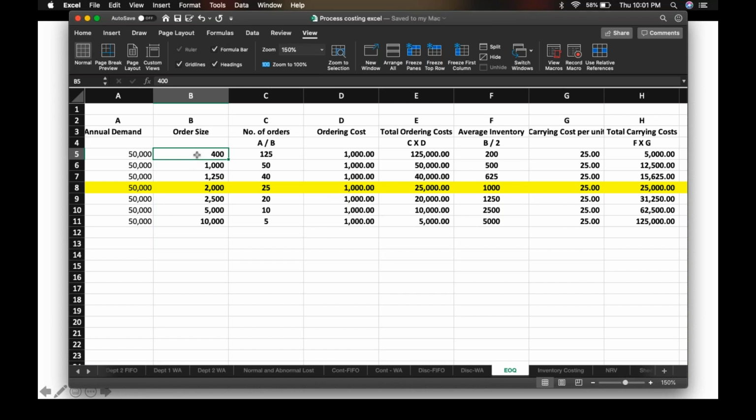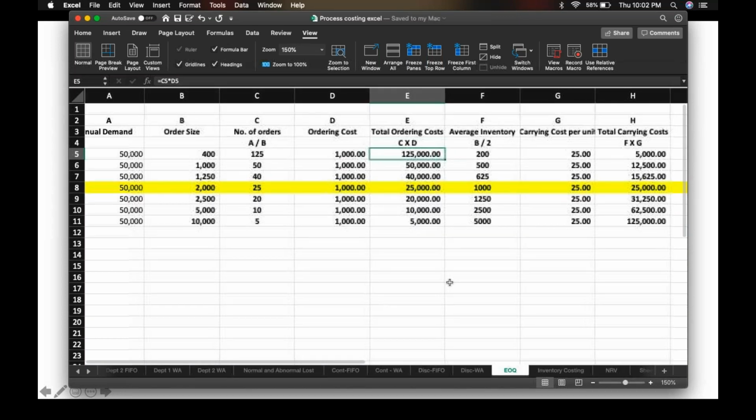So if for every order we will be ordering 400 units only, we will be incurring 125 orders in a particular year. For every order we will pay 1,000. That is equivalent to 125,000.